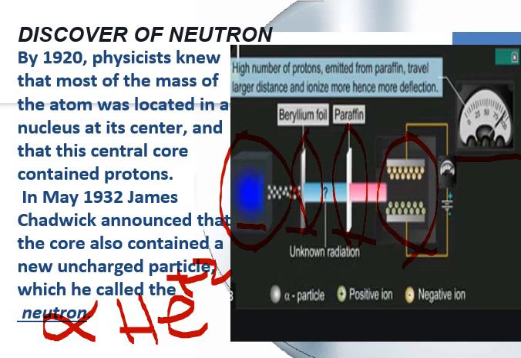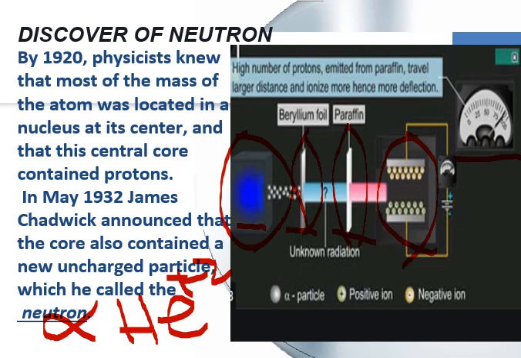When they hit beryllium foil, they convert it into carbon with atomic number 6 and atomic mass 12, and one neutron is ejected here, which further passes through the paraffin and produces protons, right?